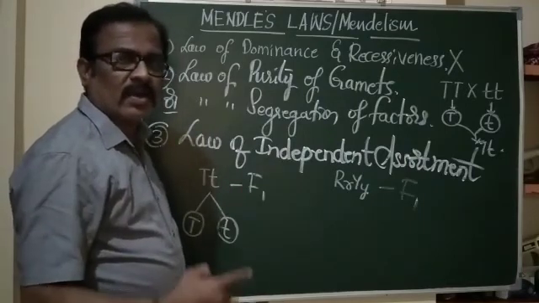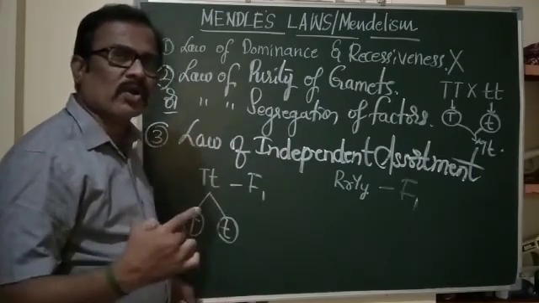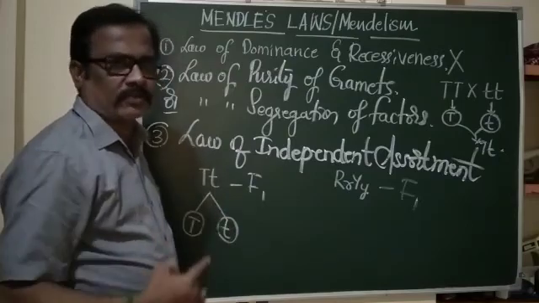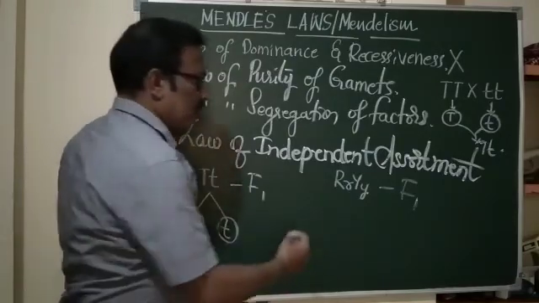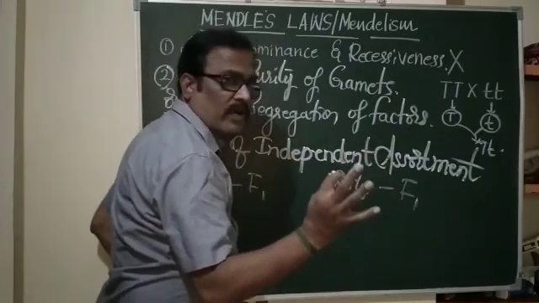In the sense, round does not depend on wrinkle trait. Yellow does not depend on green. So we'll get 4 types of gametes.